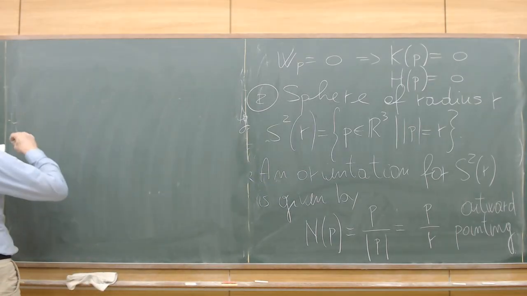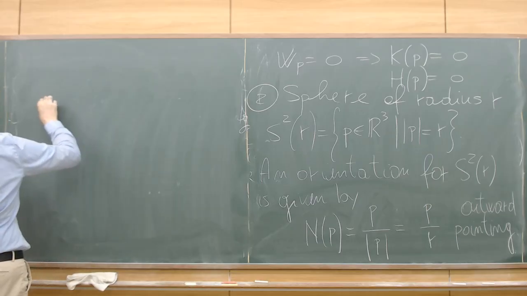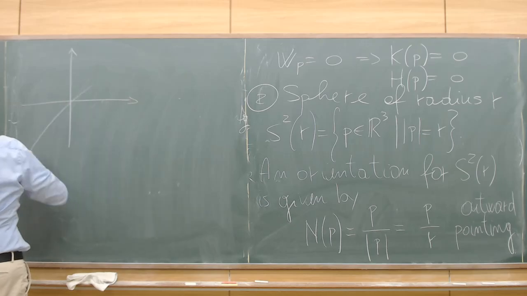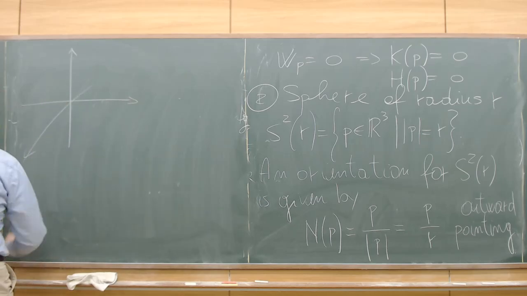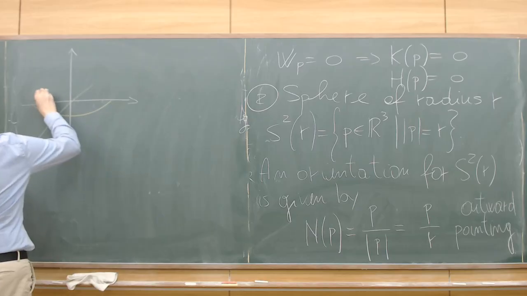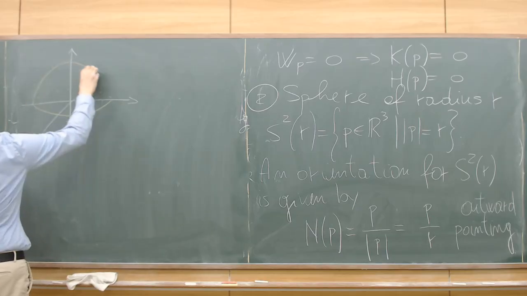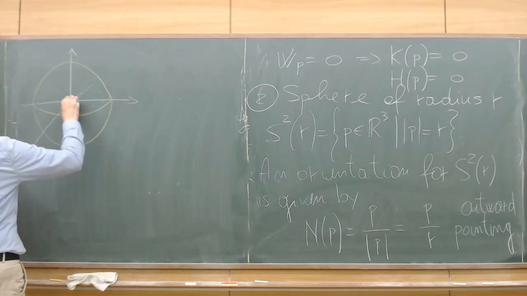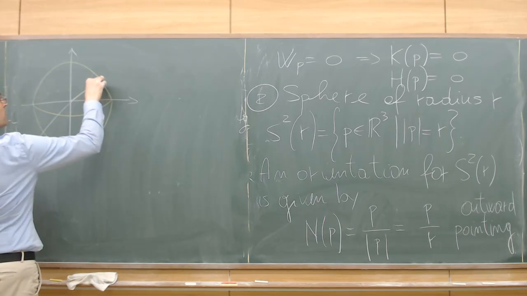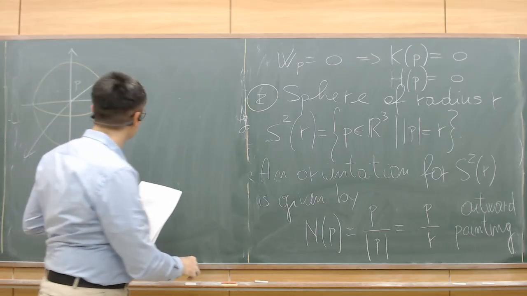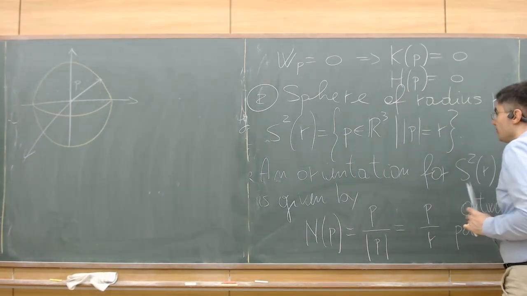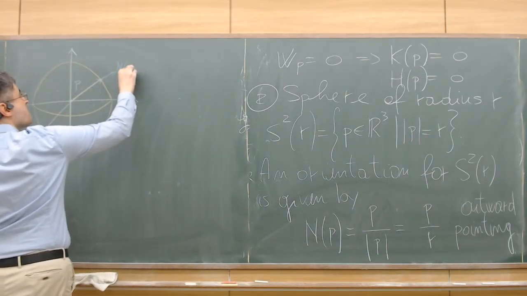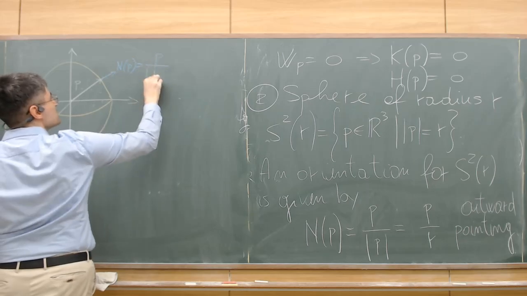Because if this is S2R and this is P, then you can get NP dividing P by its length.